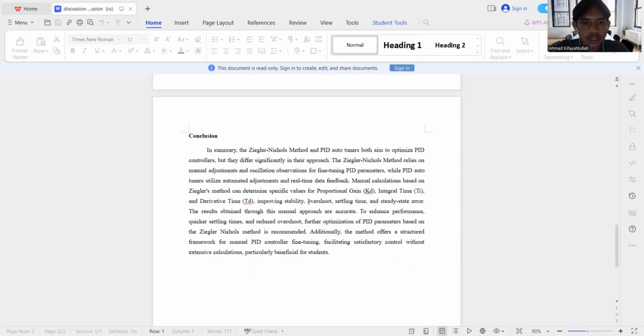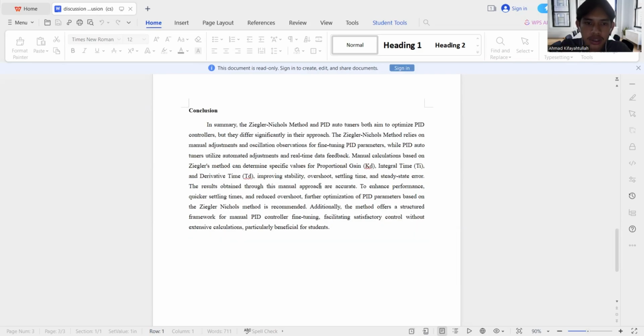Lastly, for the conclusion, in summary, the Ziegler-Nichols method and PID auto-tuner both aim to optimize PID controllers, but they differ significantly in their approach. The Ziegler-Nichols method relies on manual adjustment and oscillation observation, while the PID auto-tuner utilizes automated adjustment and real-time data feedback.